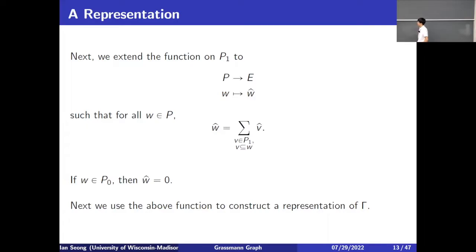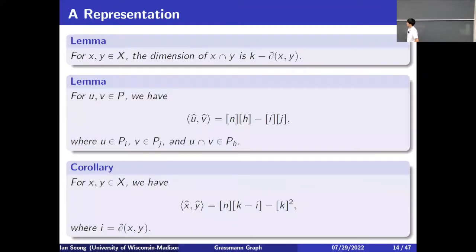Okay, now we're going to use this hat function to construct a representation on gamma. And to do that, let's go over some lemmas and corollaries. So the first lemma is that the dimension of x intersect y is k minus the distance between x and y. Another lemma would be for u and v in the projective geometry. We have the inner product between u hat and v hat equals this quantity, where we assume that u lies in P_i, v lies in P_j, and u intersect v lies in P_h.